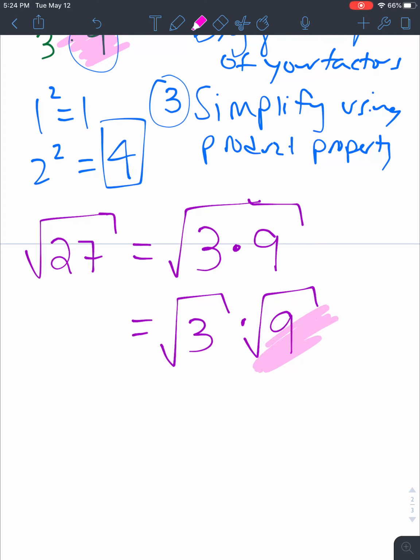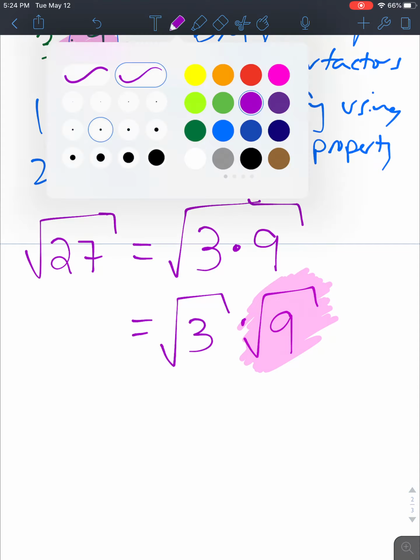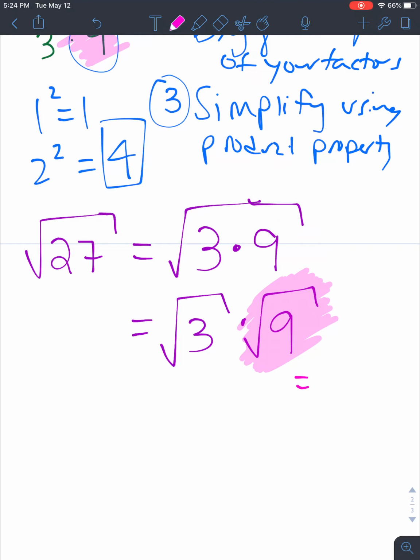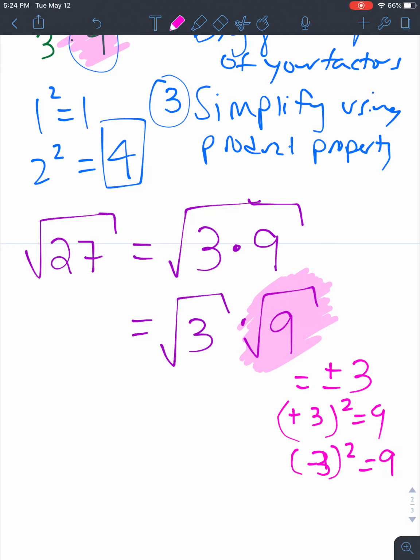Now, the square root of 3 does not simplify, right? If you were to plug it into a calculator, you get an ugly decimal. But the square root of 9, we know that that is equal to plus and minus 3. Remember, it's plus and minus because positive 3 squared is 9, or negative 3 squared, which would be negative 3 times negative 3, that's also positive 9.